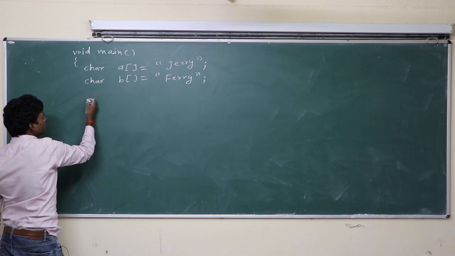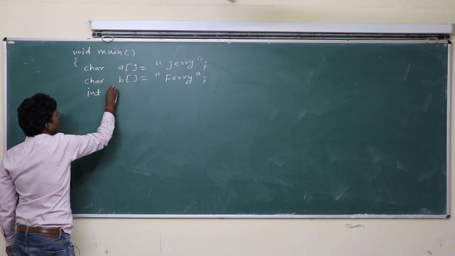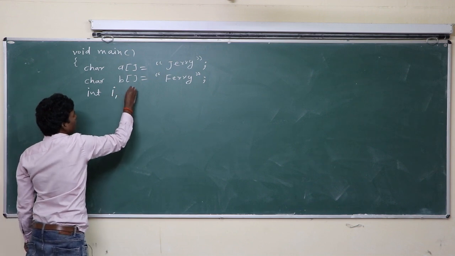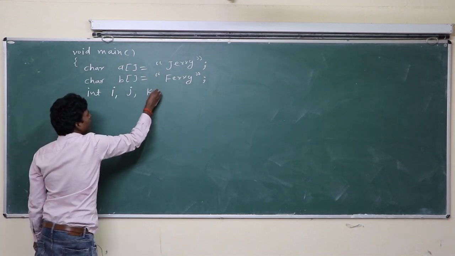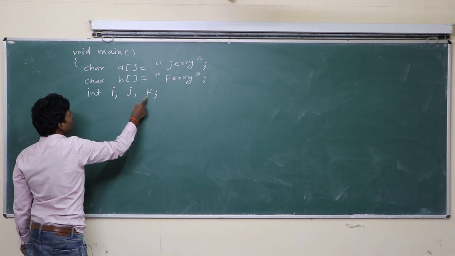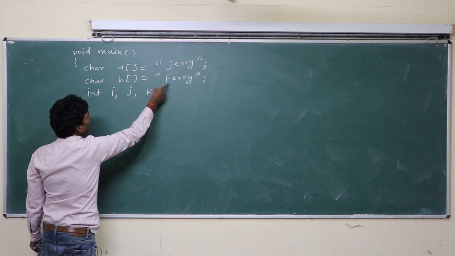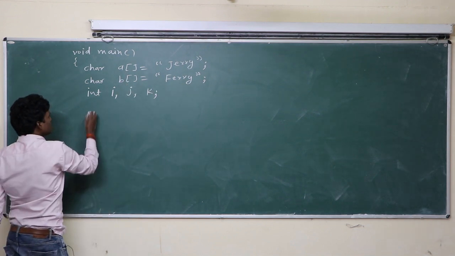There are three integer variables i, j, k. A and B are both strings.